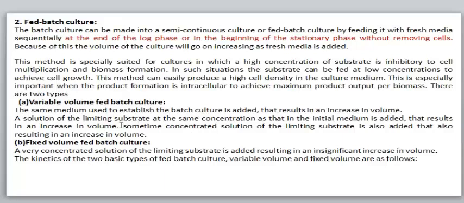But you have to keep in mind that since we are adding medium nutrients, the volume is changing here. Another is fixed volume. Here a concentrated solution is added, so the volume remains fixed.